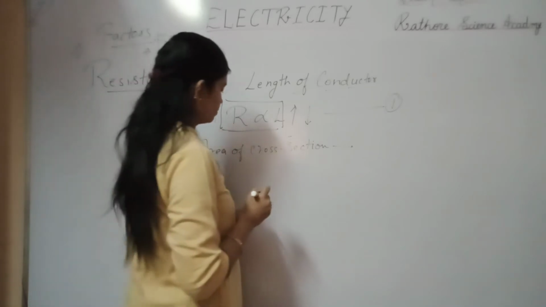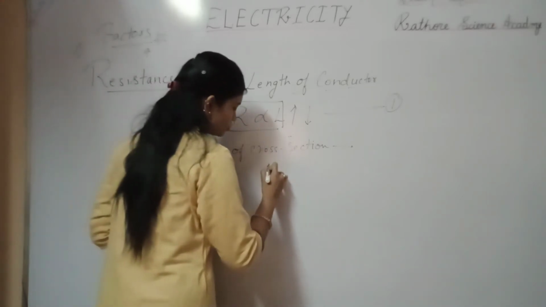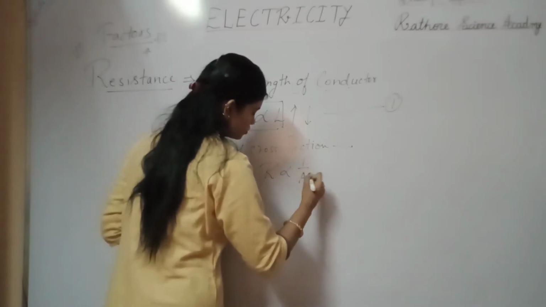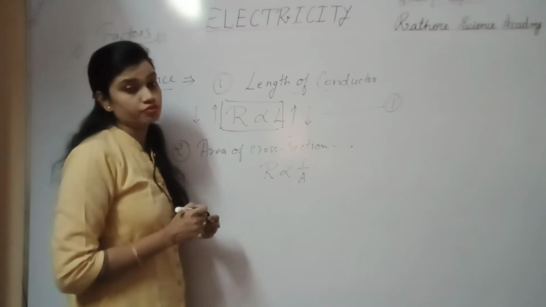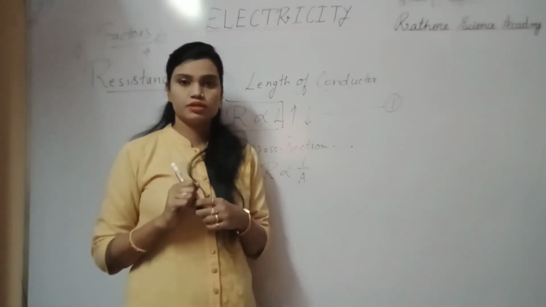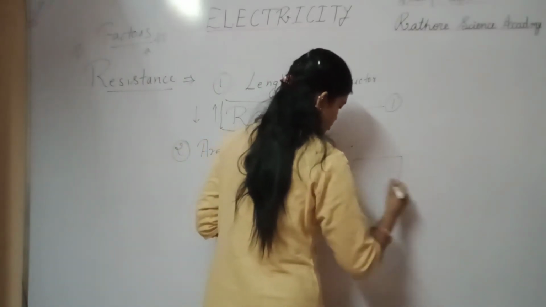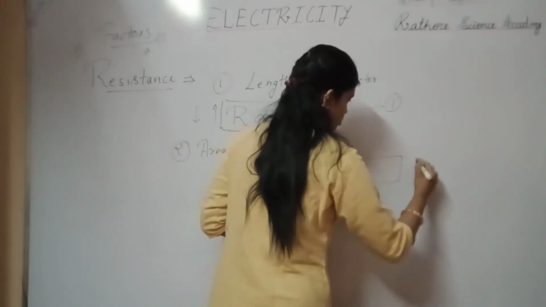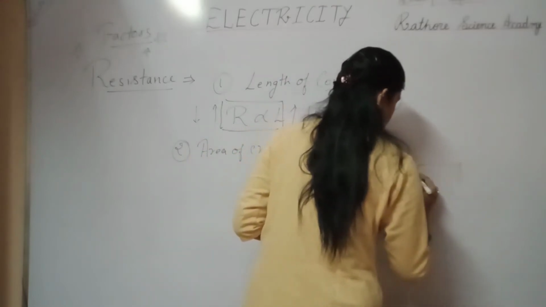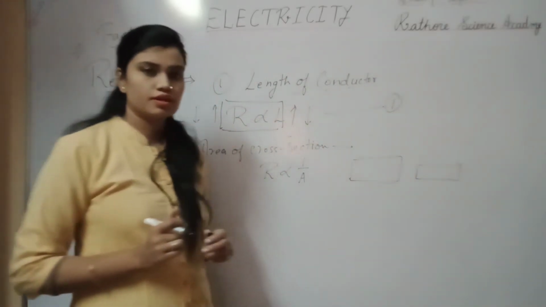Resistance of a conductor is inversely proportional to the area of cross section of a wire or conductor. That means if suppose I have two wires, this one and this one, I have two conductors.